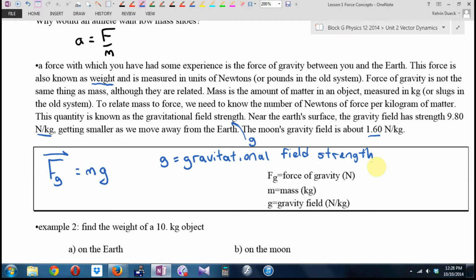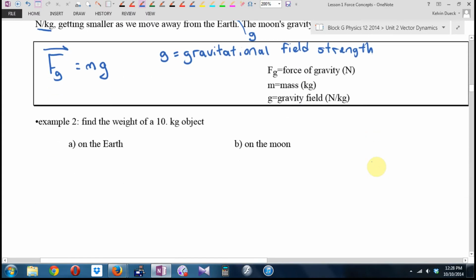That does apply on the Earth, but this is a shortcut. When you're off the Earth, then you can use Newton's universal law to figure out what the force of gravity is anywhere. But as a convenient shortcut, if you're near the surface of the Earth, take the mass times 9.8, there you go. So example 2 says, find the weight of a 10 kilogram object A on the Earth, B on the moon. For both of these, it's going to be mg, except it'll be g on the Earth versus g on the moon.